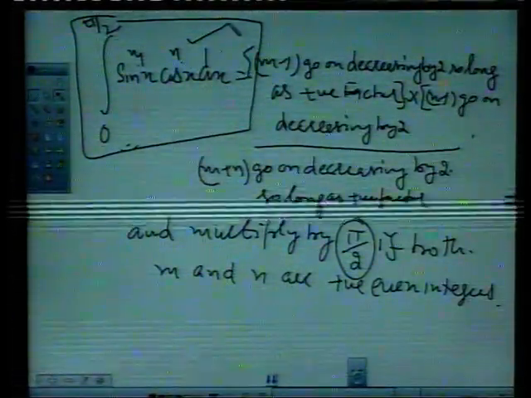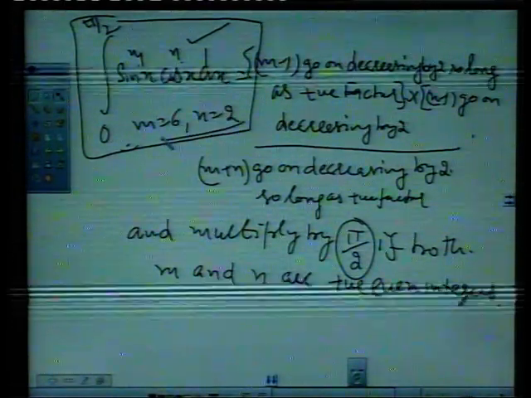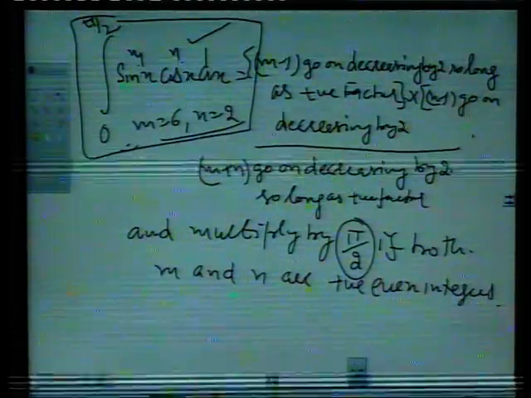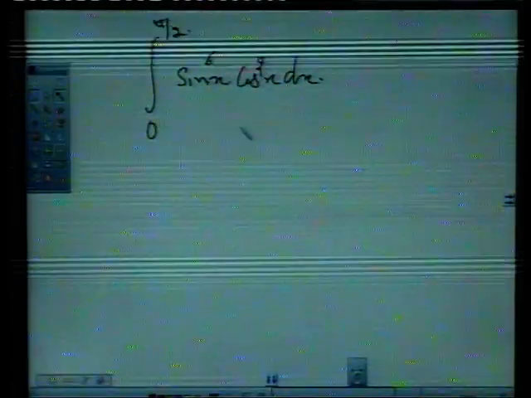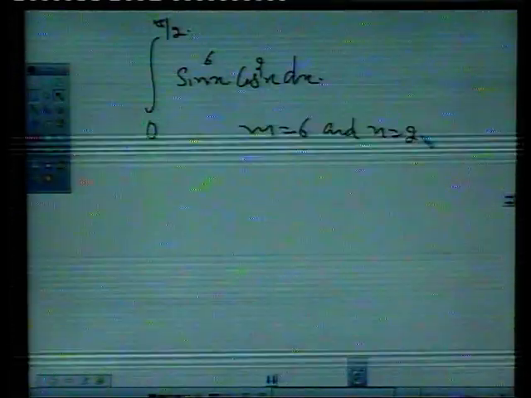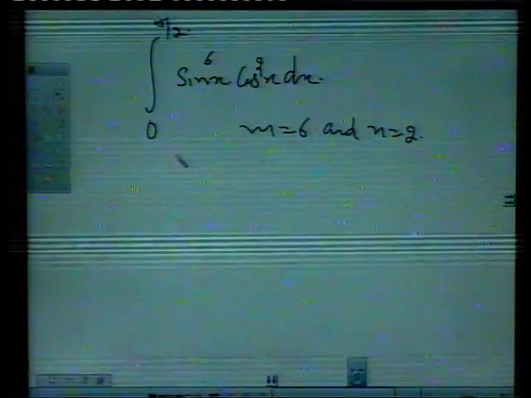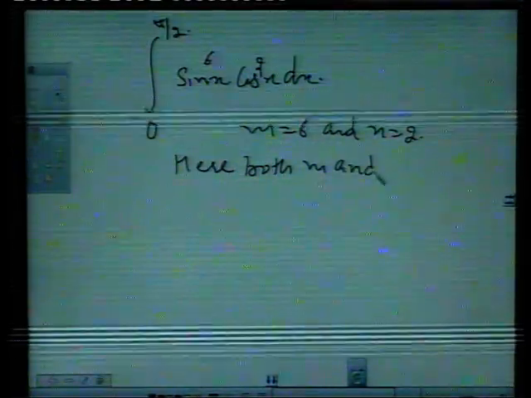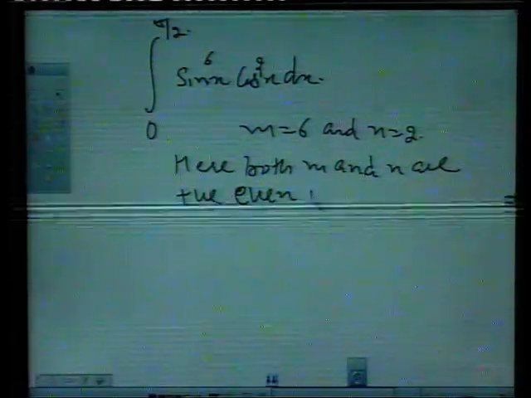You will get m is equal to 6 and n is equal to 2, and both m and n are positive even integers.